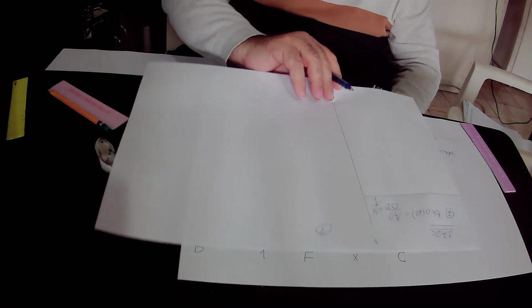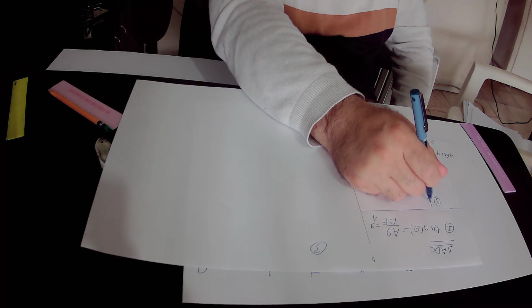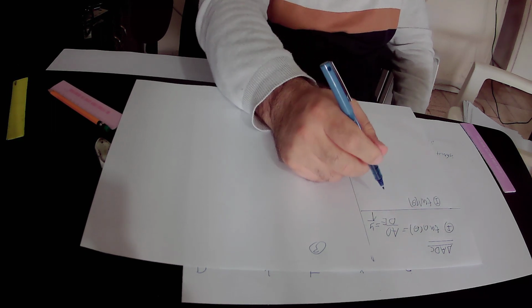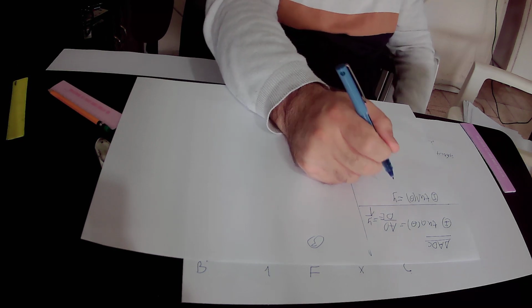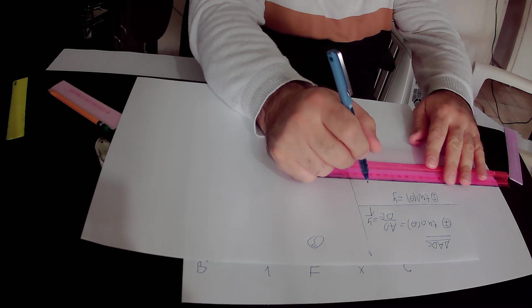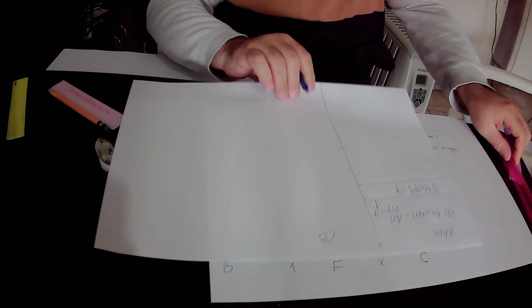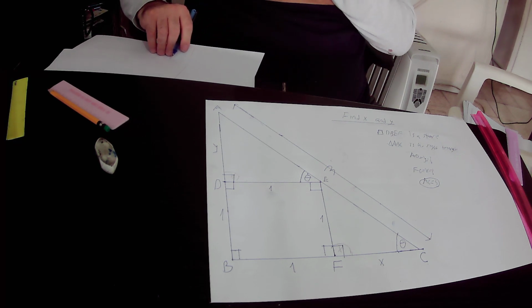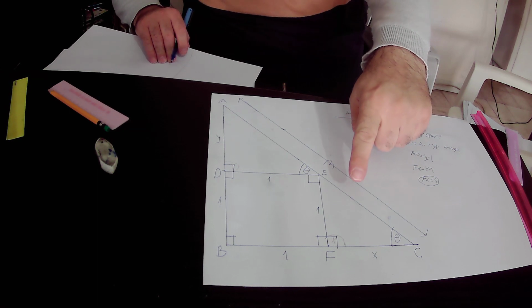So in conclusion, we found out that tangent theta in the right triangle ADC equals y. In the next step, we will focus on the right triangle EFC.